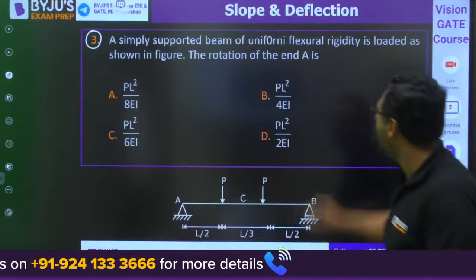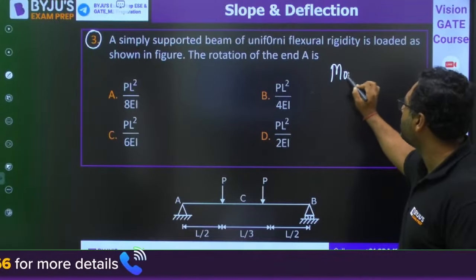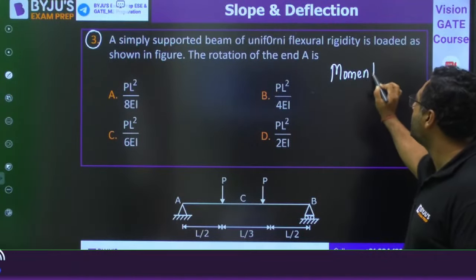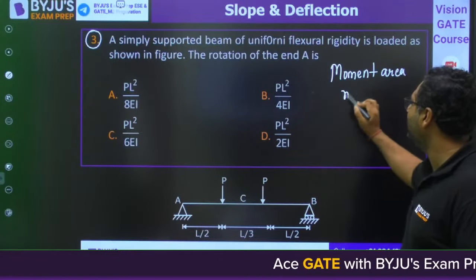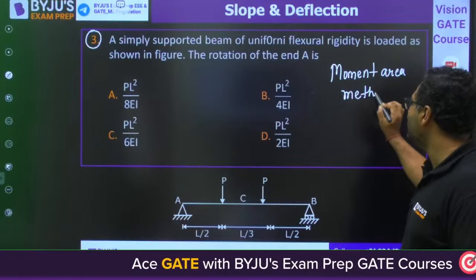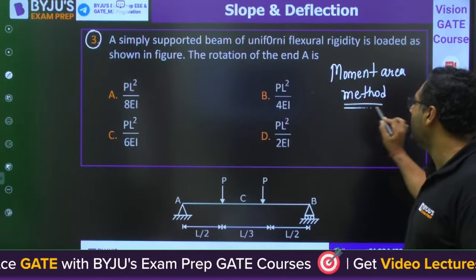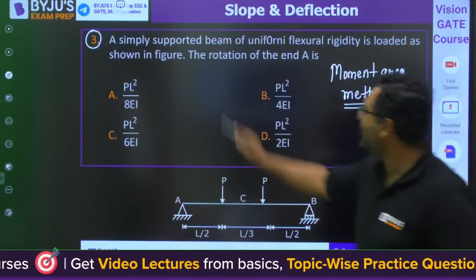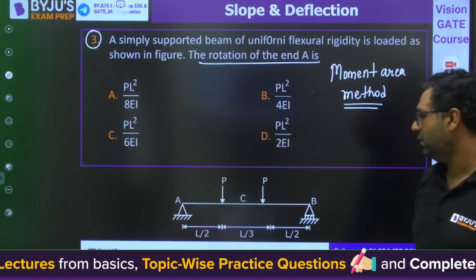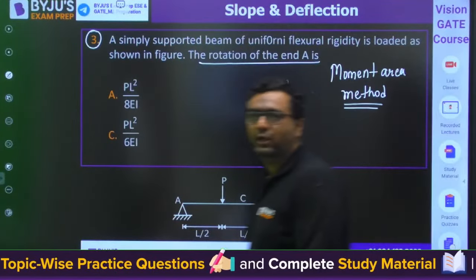This is from the moment area method. The previous two were from the principle of superposition. This is the moment area method, for which you must know how to draw the bending moment diagram. They are saying the rotation of A. It means the slope at A you need to find out.